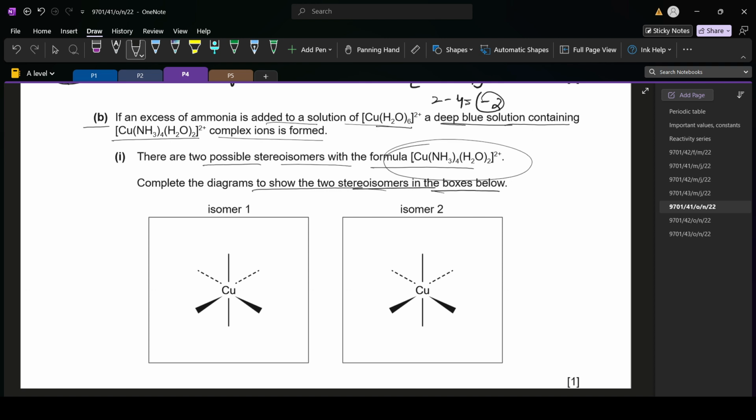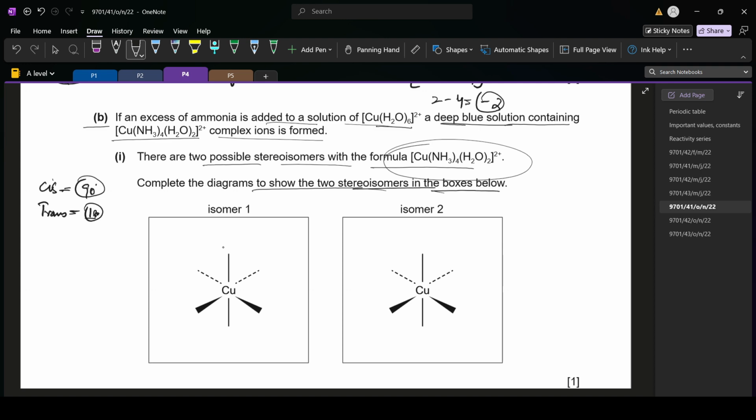Now there are 4 ammonia ligands and 2 water ligands, so this will show geometrical isomerism. Why? Because in these complexes, cis has a bond angle of 90 degrees and trans has a bond angle of 180 degrees between similar ligands.